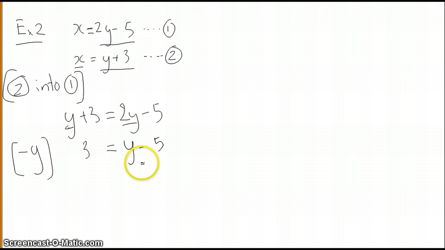Still got the minus 5. And the idea is to isolate y. So I want to shift next the minus 5, so y becomes by itself. How do you shift minus 5? Plus 5, both sides. Both sides of the equation.